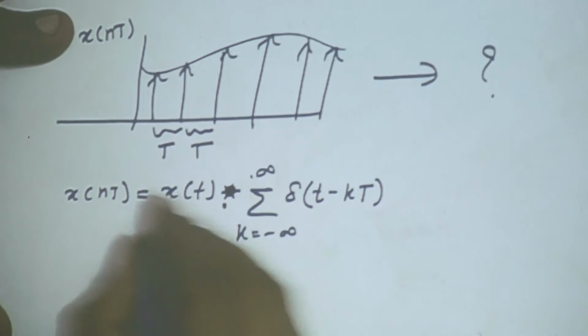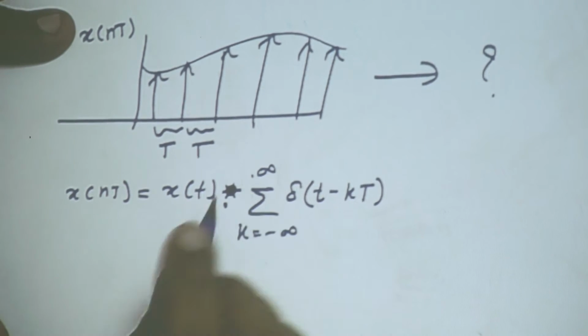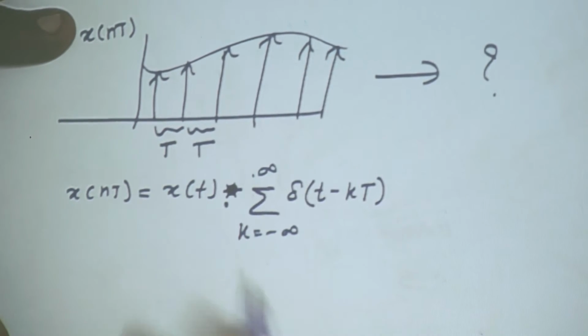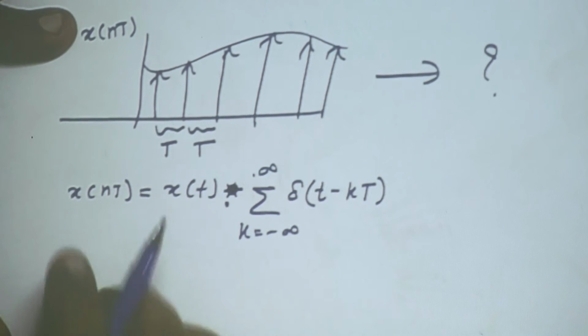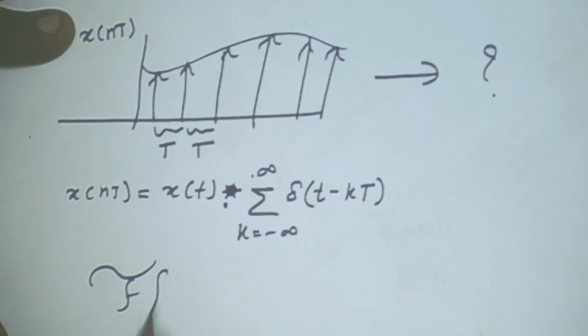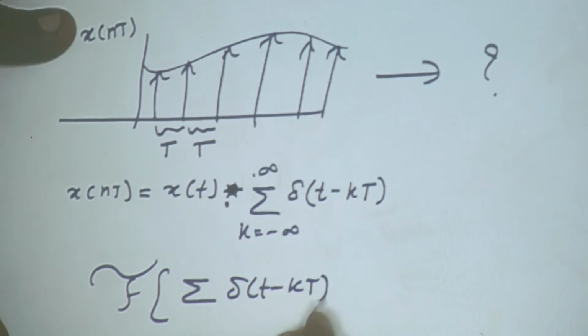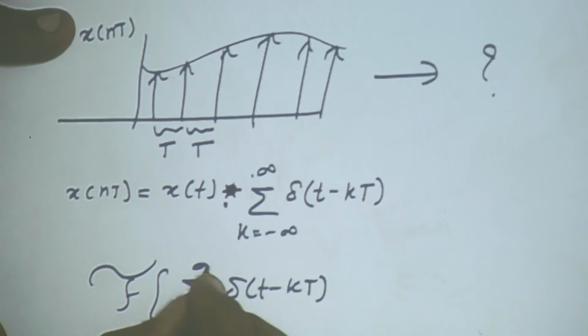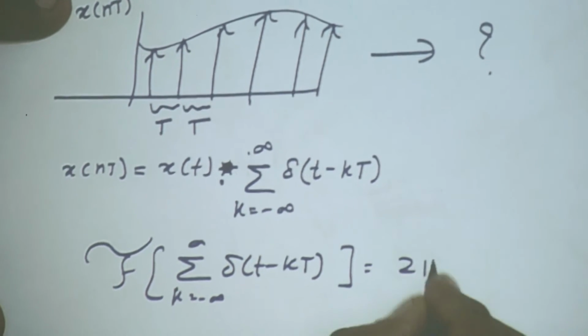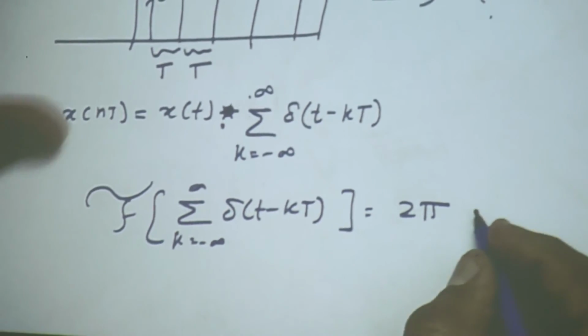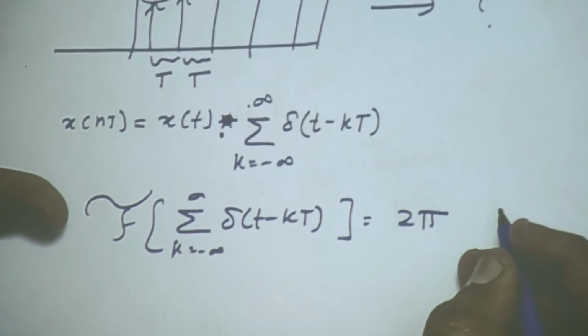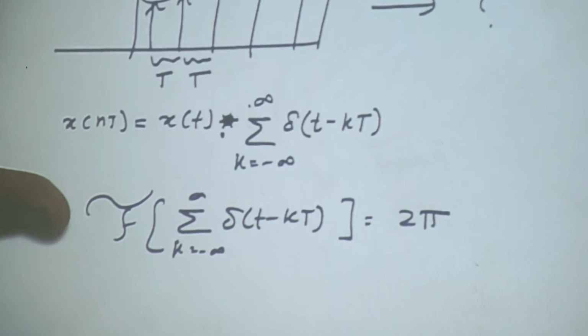Here it is multiplication. Now what is the Fourier transform of a train of impulses? Fourier transform of the train of impulses, summation of delta t minus kT, k going from minus infinity to plus infinity, is 2 pi times another train of impulses.